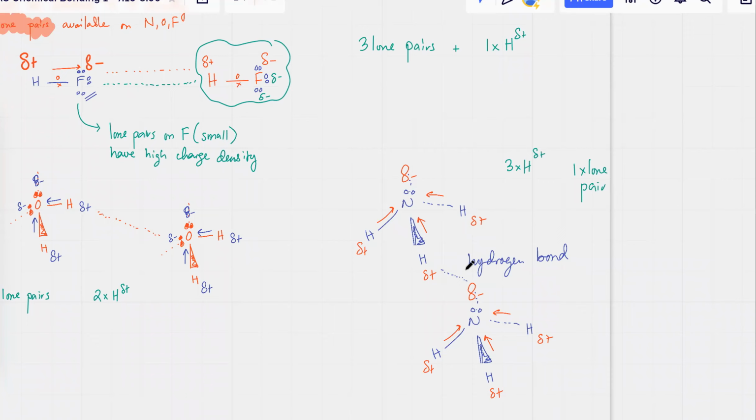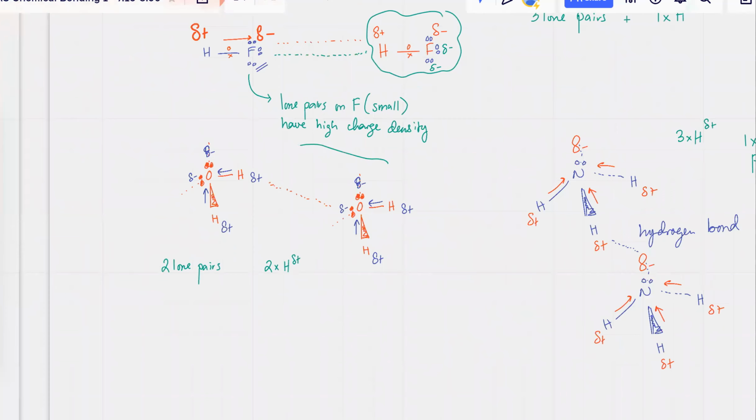If this H positive bonds with this lone pair, what will the other H positive bond to? They have nothing. You're basically running out of lone pairs. There are no lone pairs left, so the other H positive would just get wasted. They won't be able to attract any lone pairs. Is this point clear? Yes, sir. Okay.